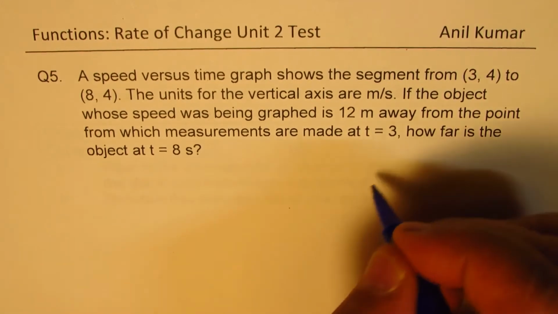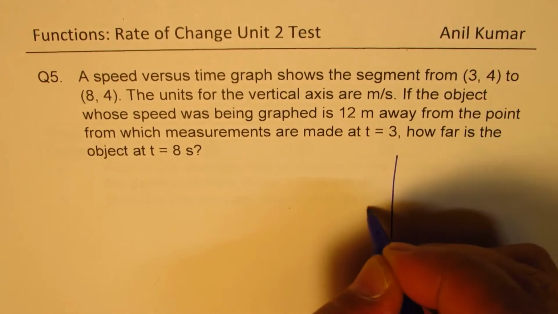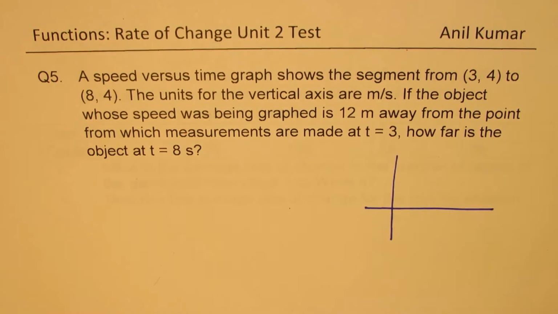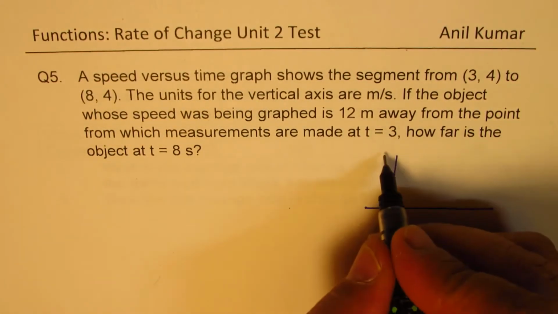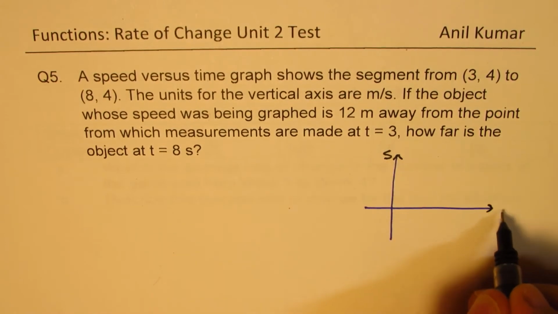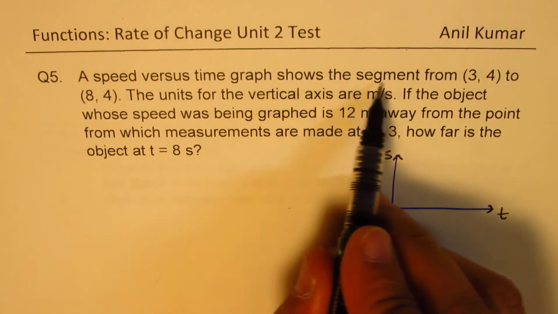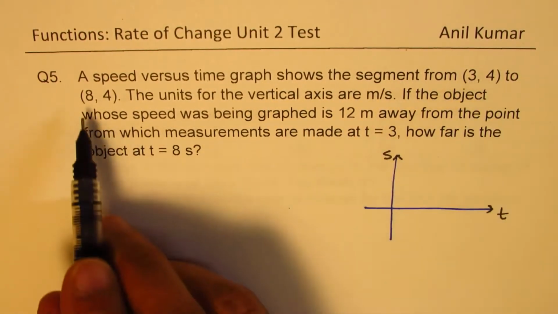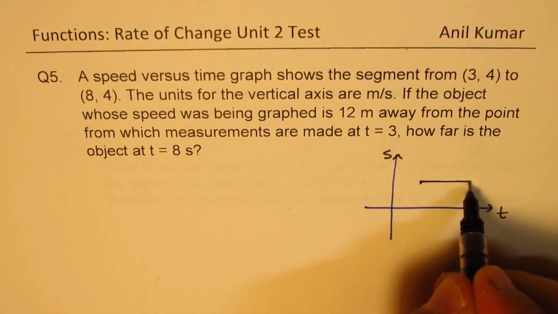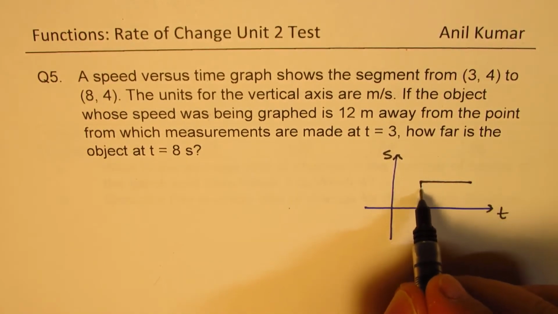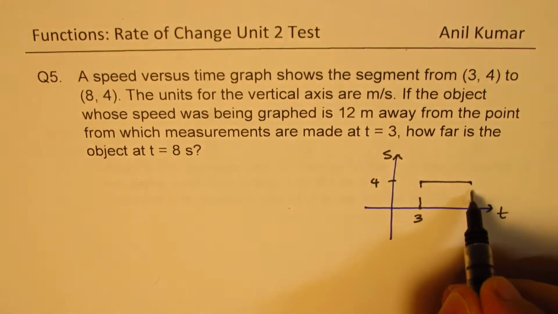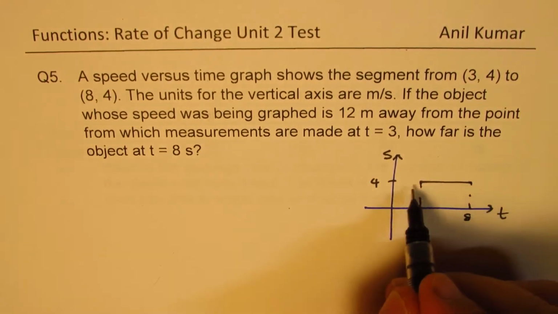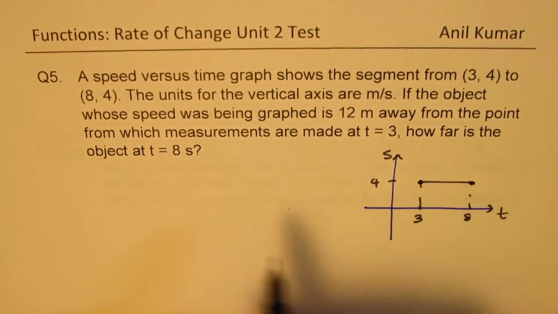Right? So let's try to understand this situation. The speed versus time graph shows a segment from (3,4) to (8,4). Let's say this point is 3, and that is 4, to this point, which is 8. These are the 2 points we are trying to show.